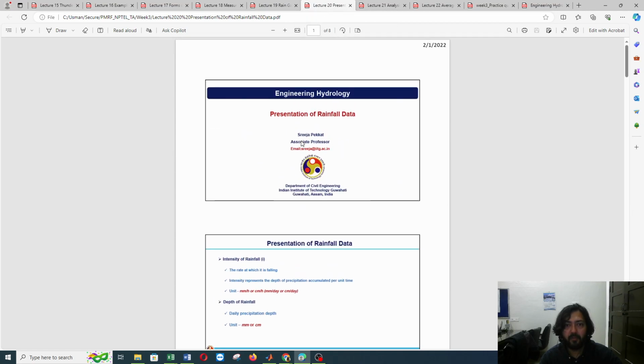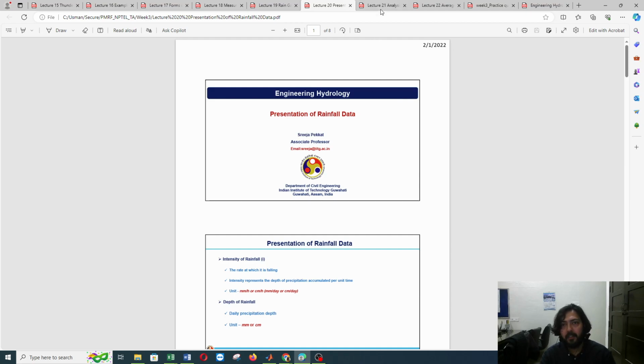Then we talked about how we can present rainfall data, whether as spatial representation or temporal representation. For spatial representation we talked about isohyets, and for temporal representation we talked about the histogram, which gives you rainfall depth versus time, or the hydrograph, which gives you rainfall intensity versus time. Then we saw how the mass curve gave us accumulated rainfall versus time, which is an increasing curve.